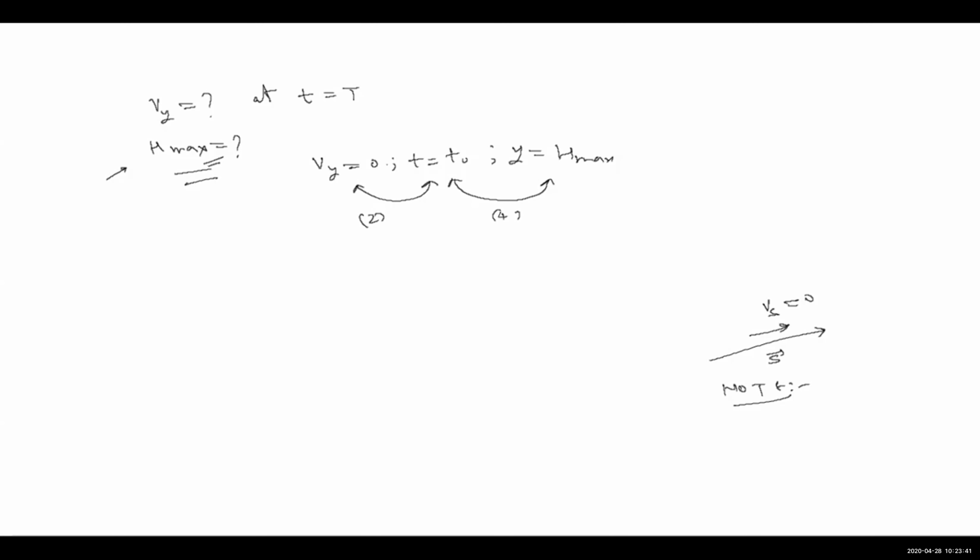It comes from the maximum-minimum concept in maths. Later on you will understand it completely when you study it in detail in maths. But the result is this: in this direction, displacement will be max or minimum if velocity becomes 0 in this direction. Because if velocity is non-zero, the particle is moving further. If a particle is moving further, it cannot be at the max.